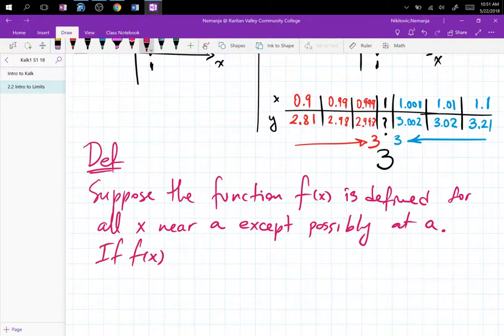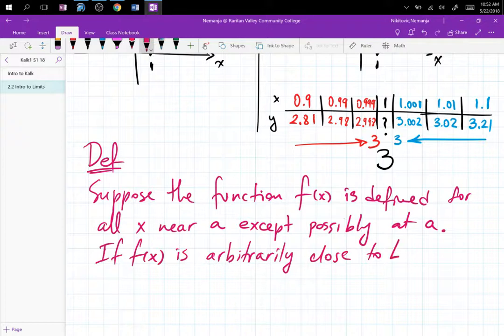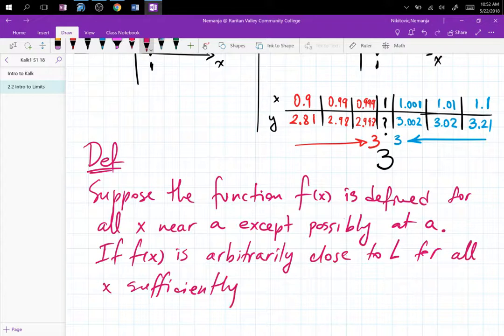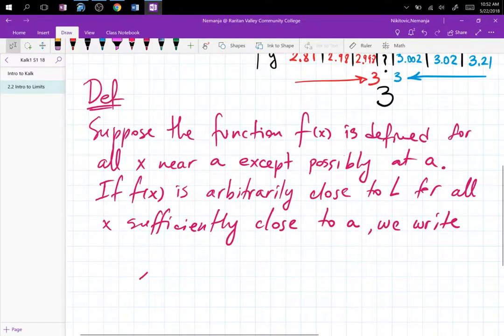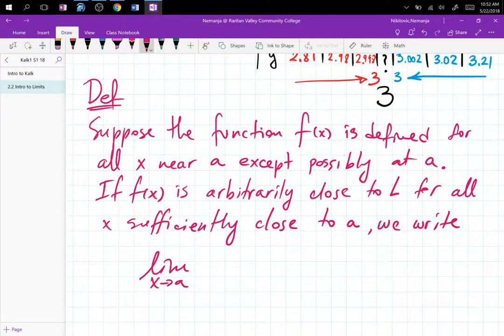If f of x is arbitrarily close to L for all x sufficiently close to a, we write limit x goes to a of f of x is L.